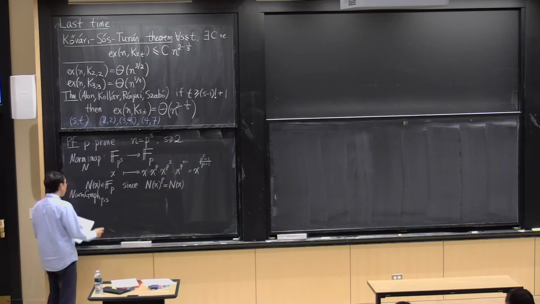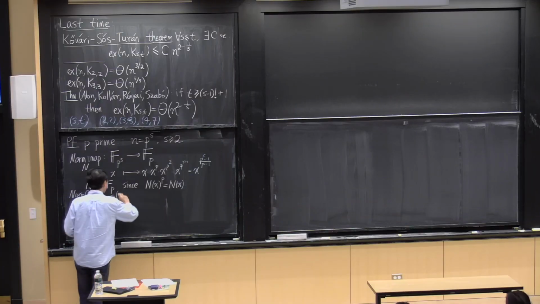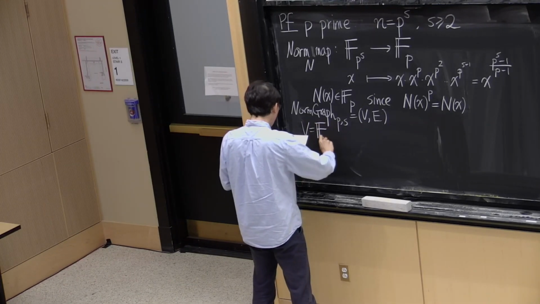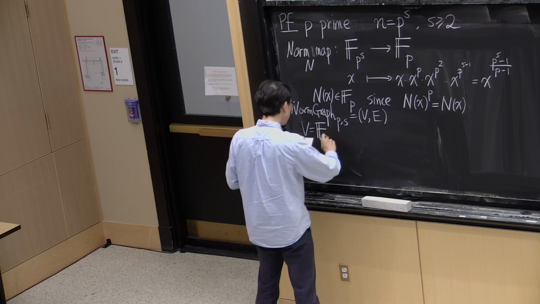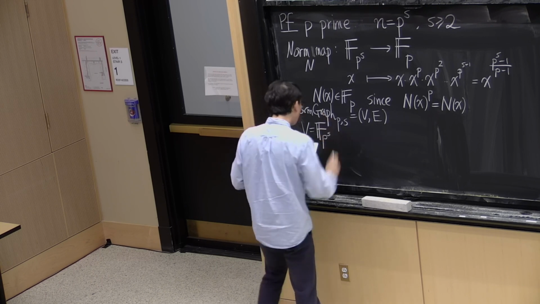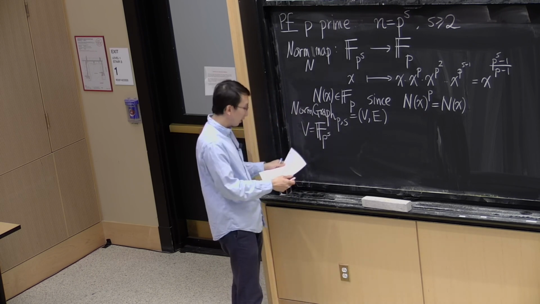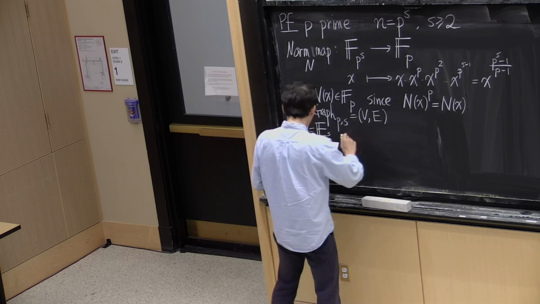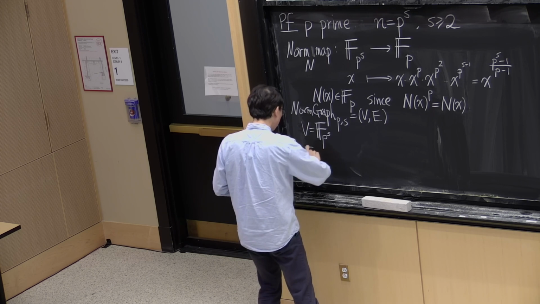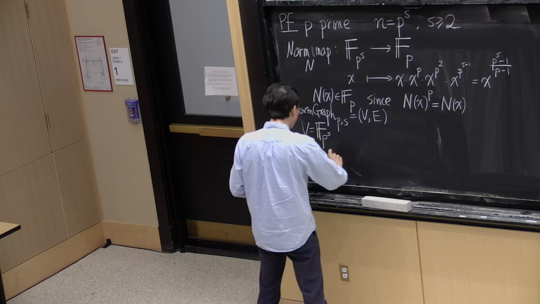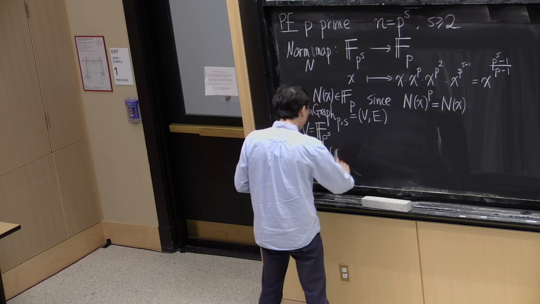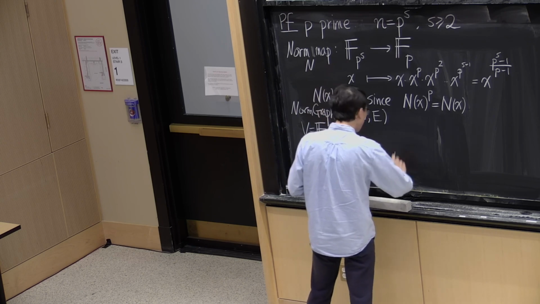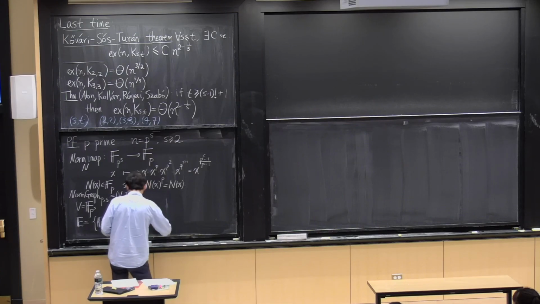The norm graph will have as vertices just the elements of this field extension, and the edges will be the set of all pairs of distinct vertices, not equal of course, such that the norm of their sum equals 1.